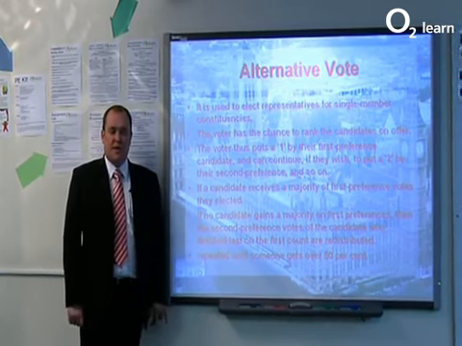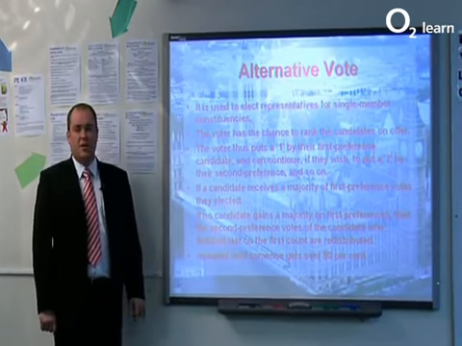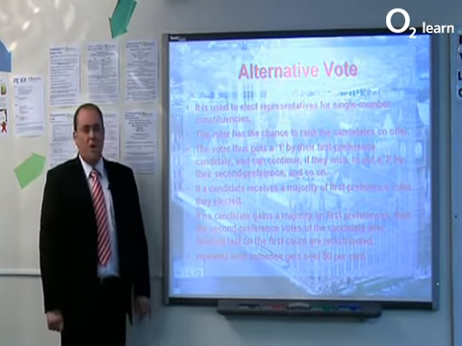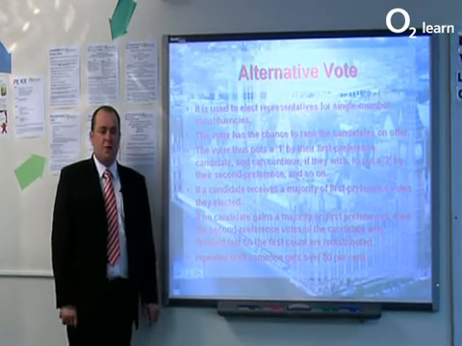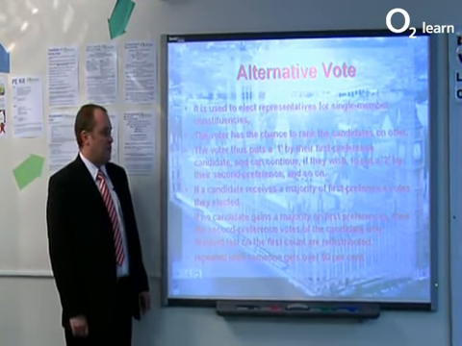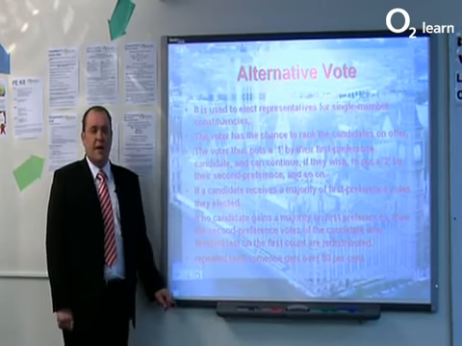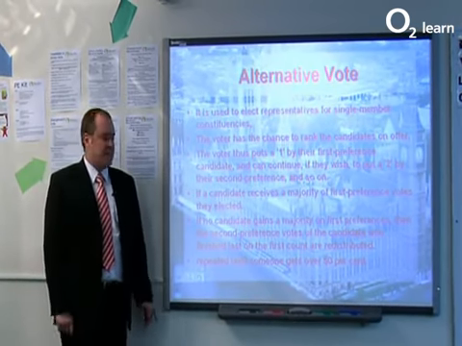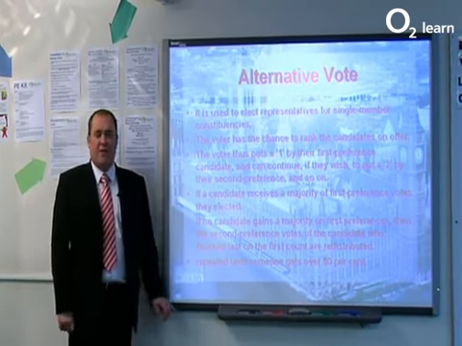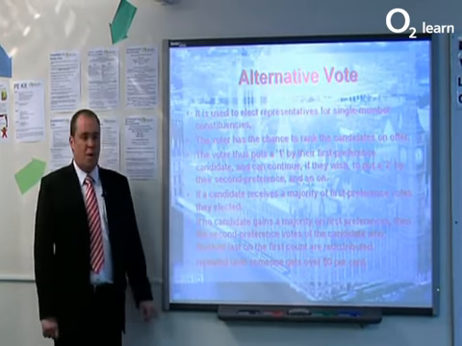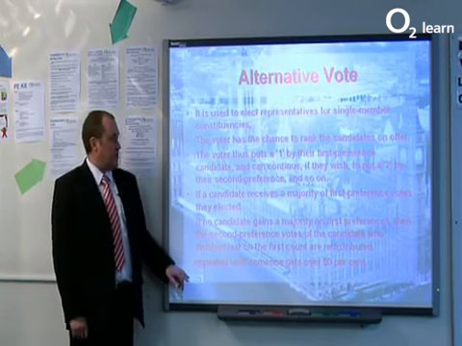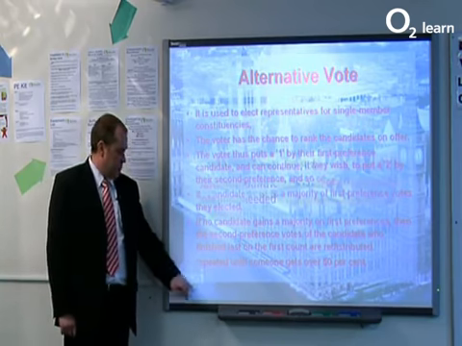So choosing your first candidate, then your second candidate, and so on. How it works is that the candidate with the most number of votes of preferences would win. However, if they get less than 50%, the last candidate therefore takes on those votes, and so on, until one candidate gets 50% of the vote.